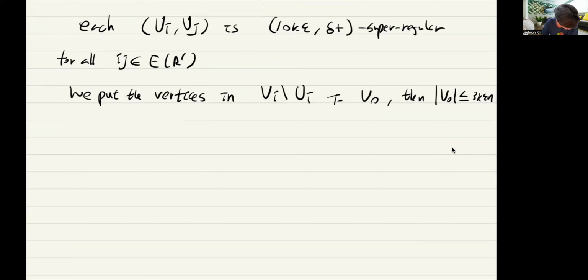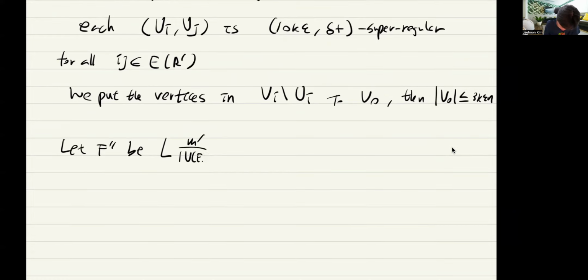Now what? Let this F double prime be, say, how many disjoint unions? Let's say this many: m prime over the number of vertices in F prime. F prime has what? K_F vertices.